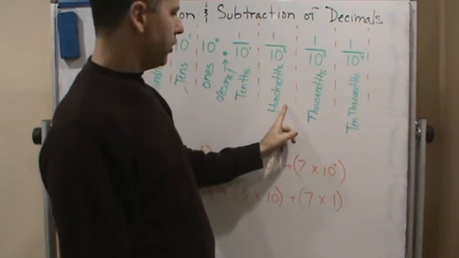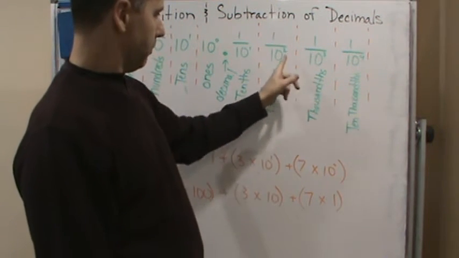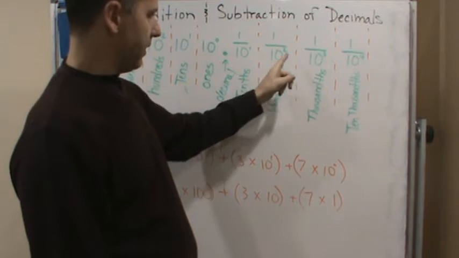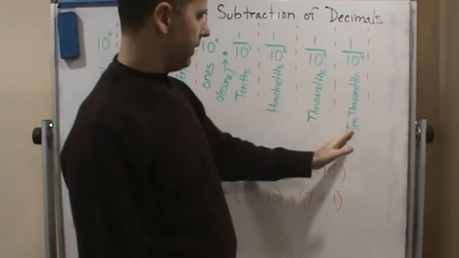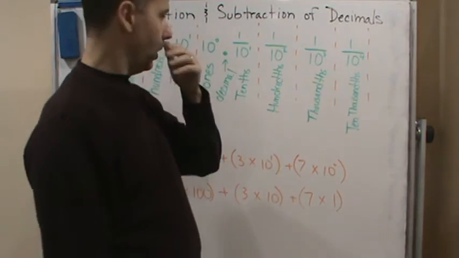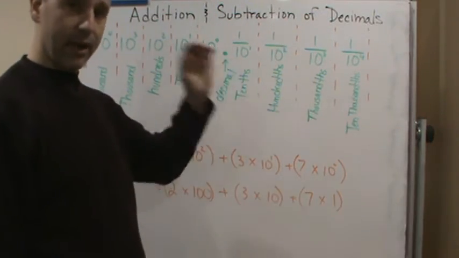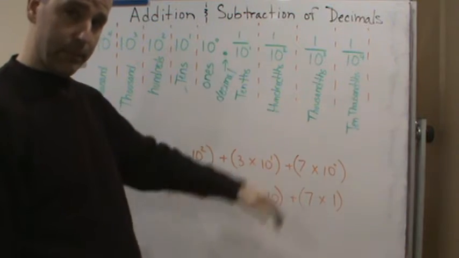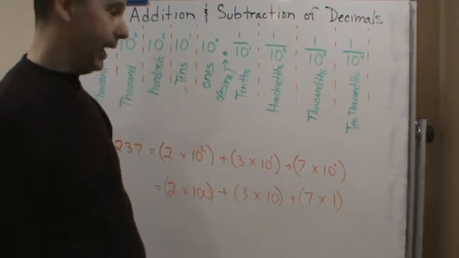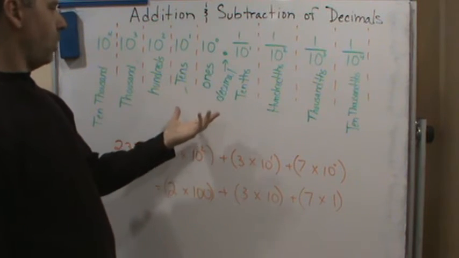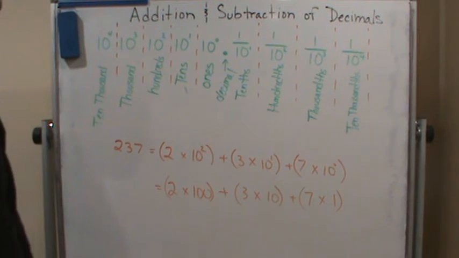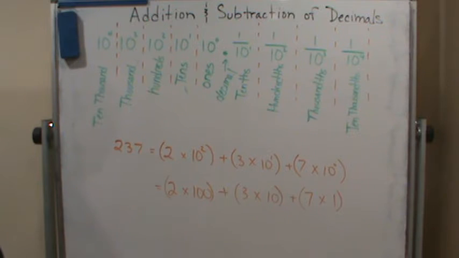This is the hundredths place value, so 1 divided by 10 squared. Then we have the thousandths and the 10,000ths and so on. So on the right side of the decimal point, you're dividing by successive powers of 10, and on the left side, you're multiplying by successive powers of 10 to go from place value to place value. Let me write down an example.